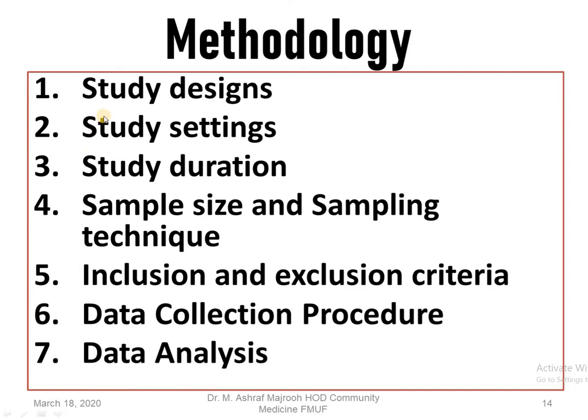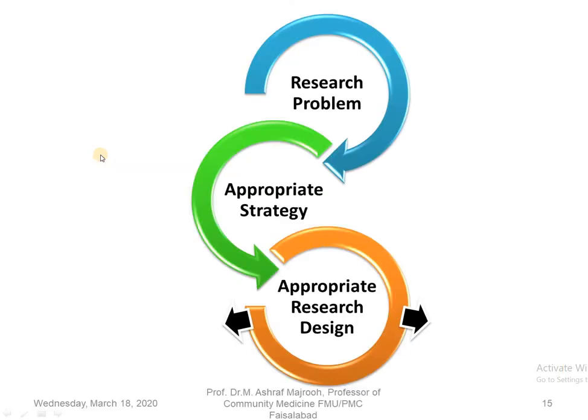Many things, all the steps from second to 7, they are linked with the study design, and so when you frame the research problem, first thing to do is deciding the study design.